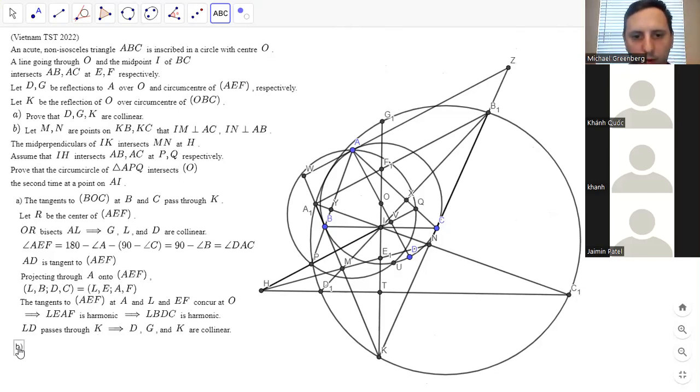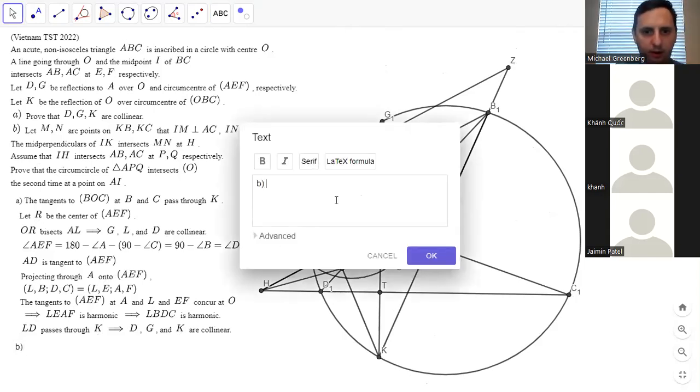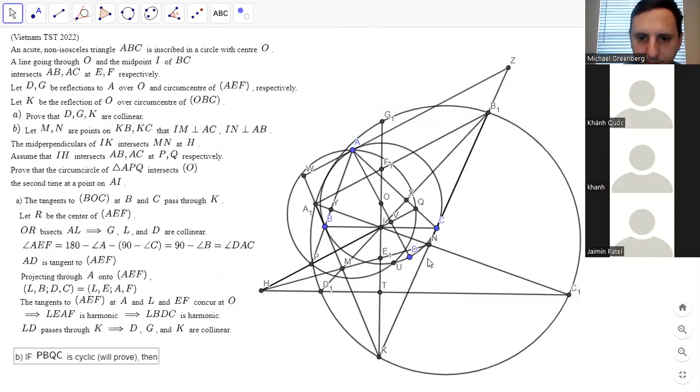Okay, so we want to show that PBQC is cyclic. So I'll say if PBQC is cyclic, which we're going to prove, then BC and QP are anti-parallel.